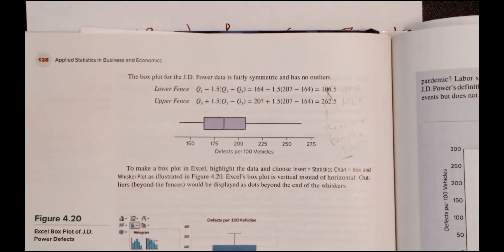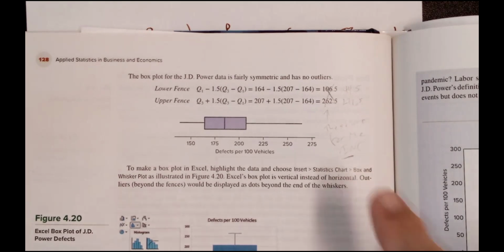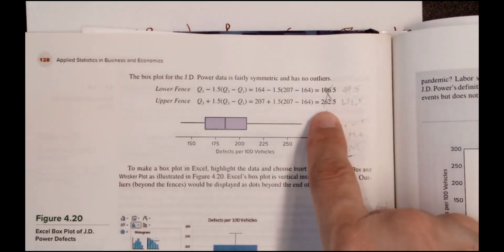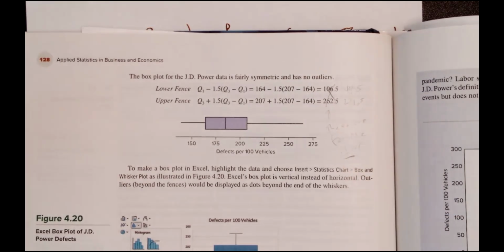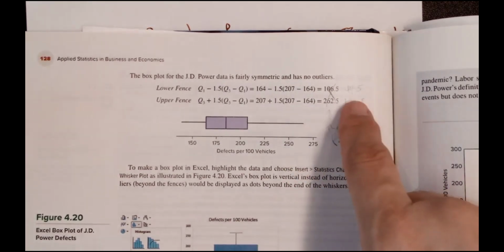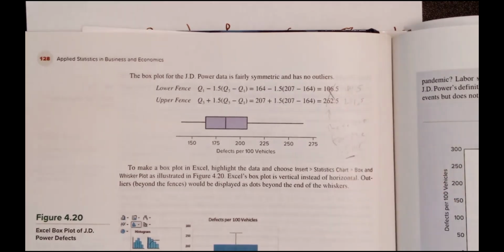That's okay. But on the previous page, they mentioned that they're doing the exclusive version. So they typoed something in here. These are not right based on the exclusive data. They're on the inclusive data. If we want the exclusive, they should be the numbers. That's why I put the fences in the spreadsheet so that you'd have them both ways.